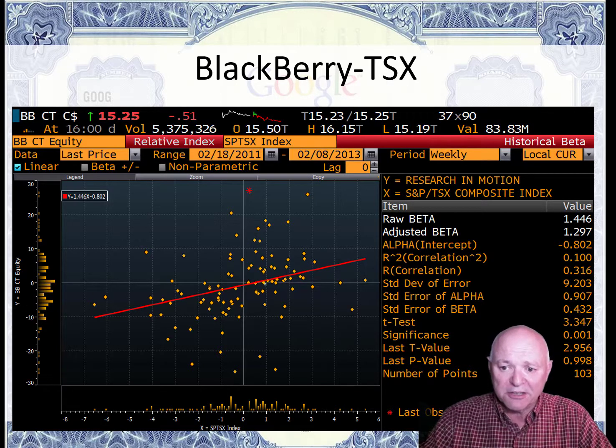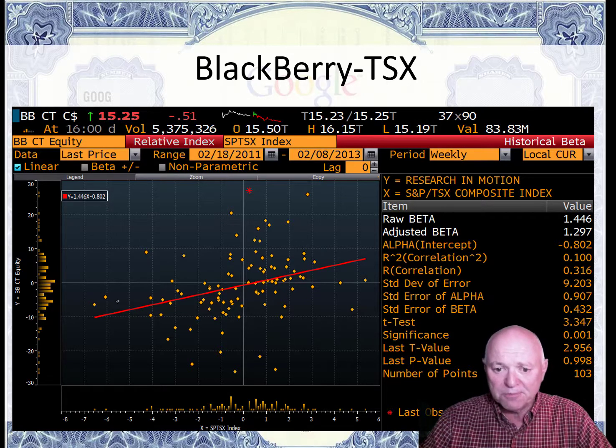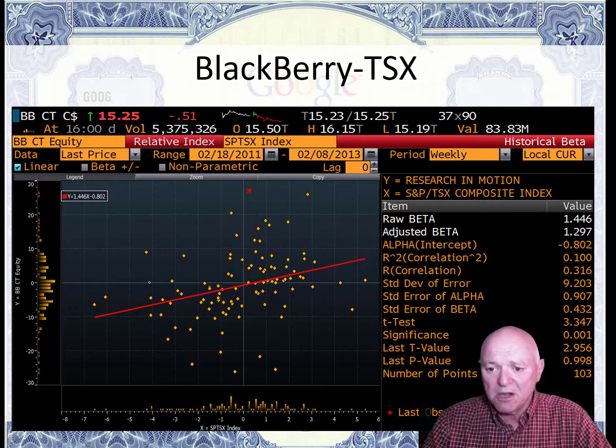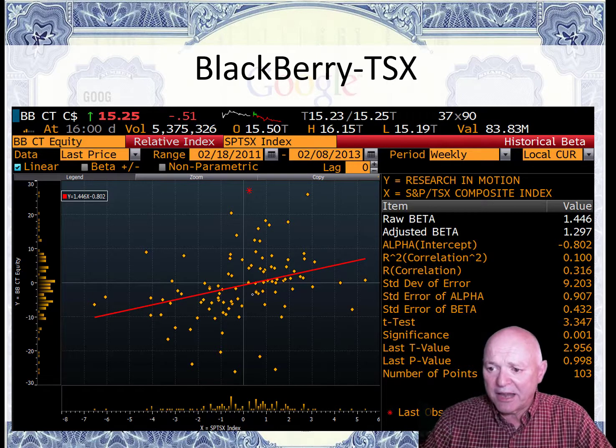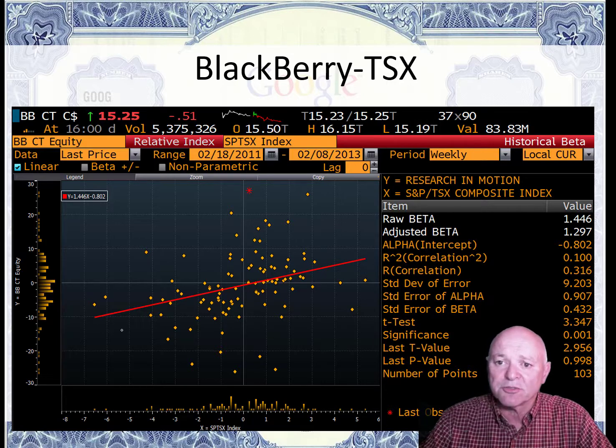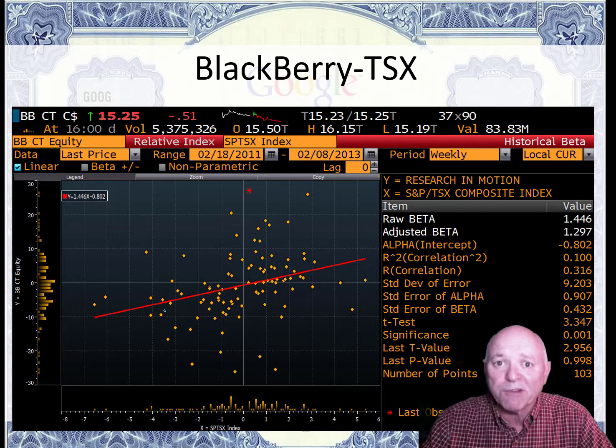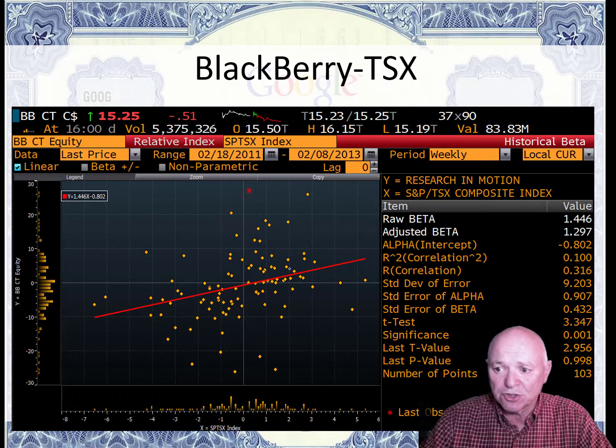That's the slope of the line. So we can see the index from left to right across the bottom and BlackBerry from top to bottom. This line solves the regression and tells us that this company is about 1.4 times as volatile as the Toronto Stock Exchange.